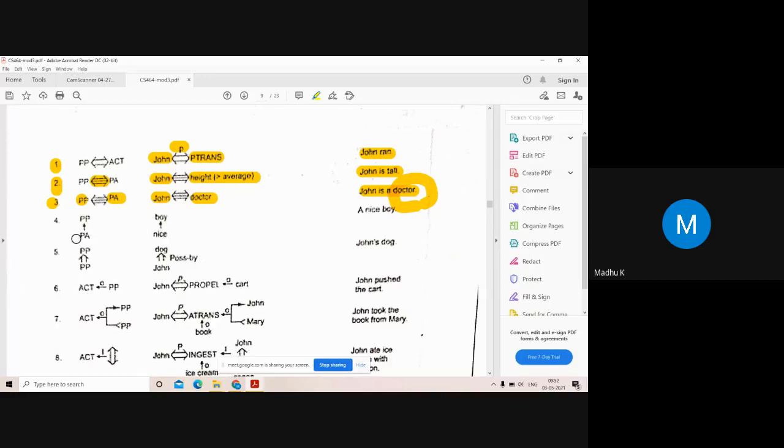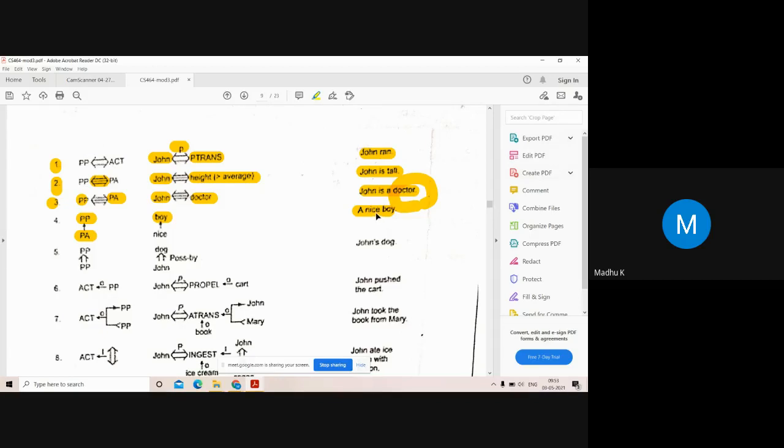Another sentence is "a nice boy." Here PP is the boy, and PA is the picture aider, that is, nice.